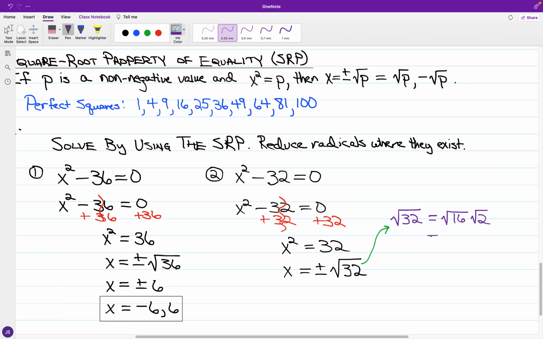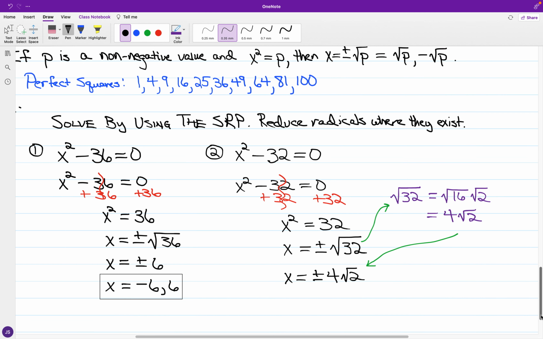So the square root of 32 will be the square root of 16, which is 4, times the square root of 2. So just relaying back, in reduced radical terms we have x is equal to plus or minus 4 times the square root of 2.